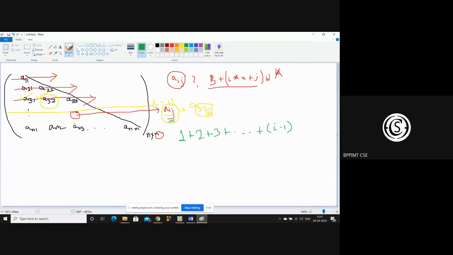So at the first row there is 1 element, at the second row there are 2 elements, at the third row there are 3 elements.